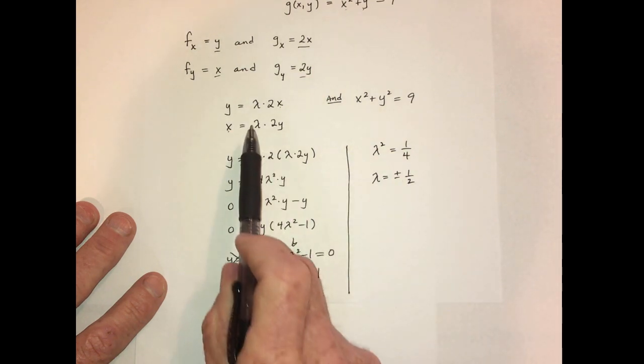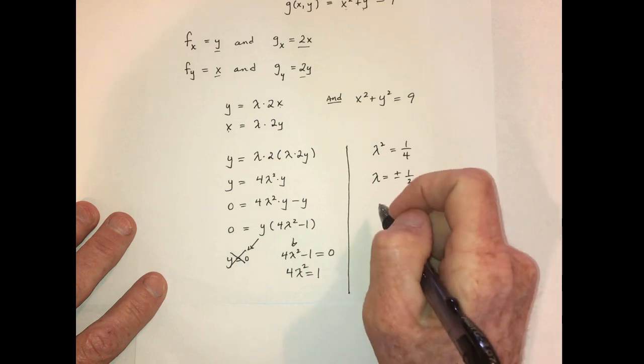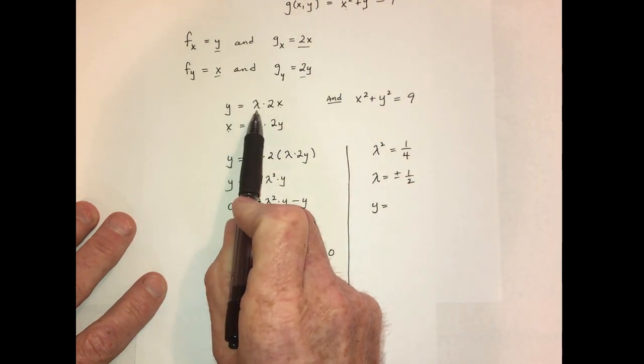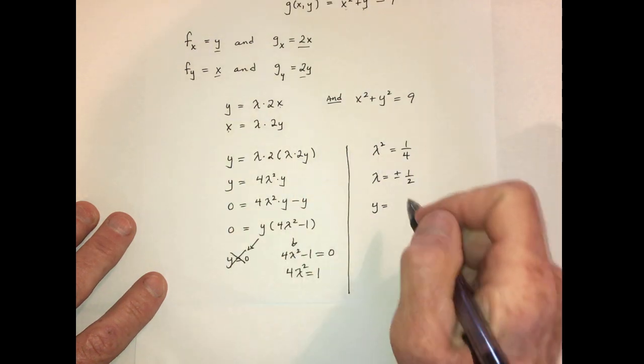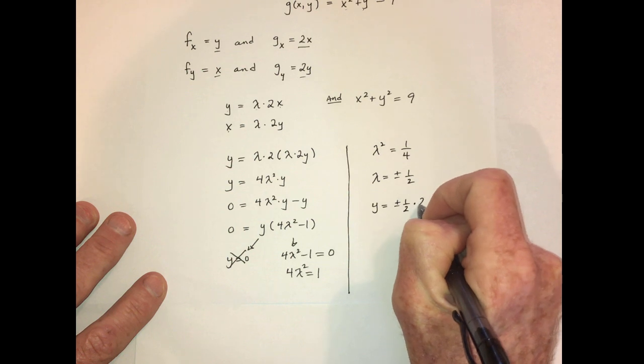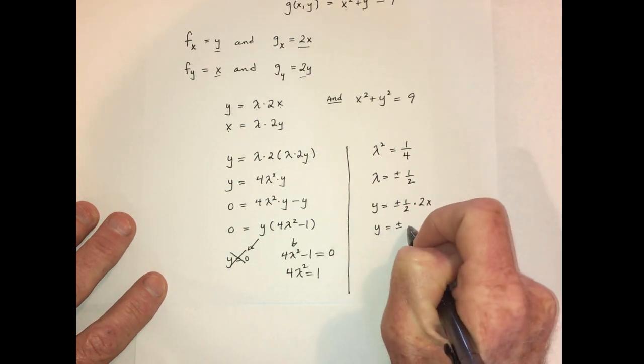Now take that result and put it right here and right here. So that means that y is equal to, using this equation, substitute plus or minus 1/2 times the 2x. So that means y is equal to plus or minus x.